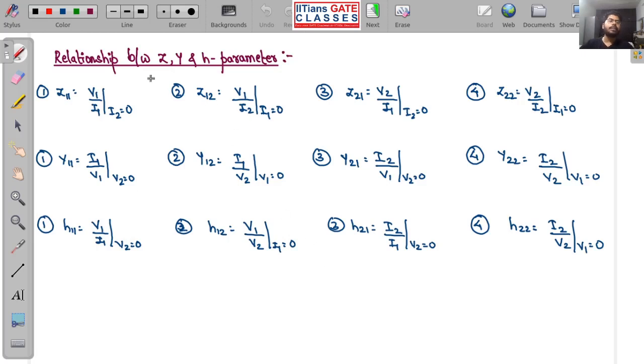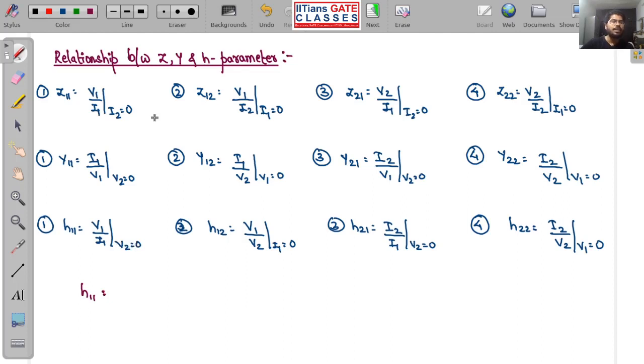Now there is some relationship between Z, Y and H parameters. I have written all the Z parameters, all the Y parameters and all the H parameters. Now tell me, what is H11? H11 is V1 by I1 when V2 is equal to 0. V2 equal to 0 means, where should I search?